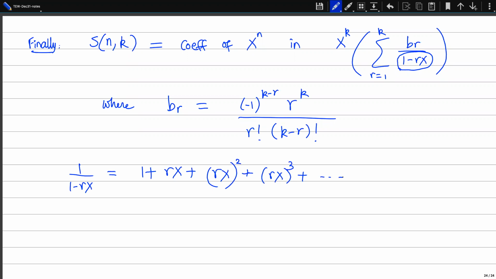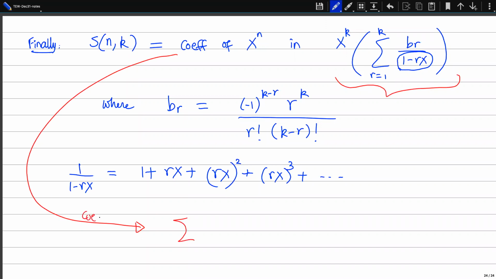So what does that finally give me? It says that this S(n,k) that I'm looking for is therefore the coefficient of x power n in this whole product. Let's find out what is the coefficient of x power n in each of those terms. That product is actually a summation, right? So let's rewrite the answer.